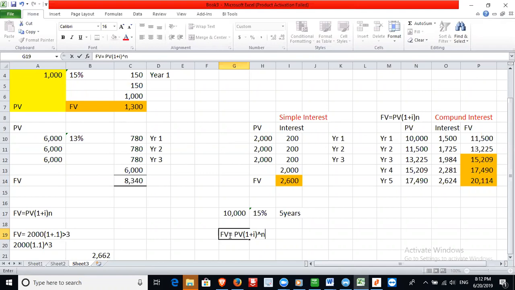I want you to make PV the subject of the formula. Let's make PV the subject of the formula: PV equals FV over 1 plus I to the power n.